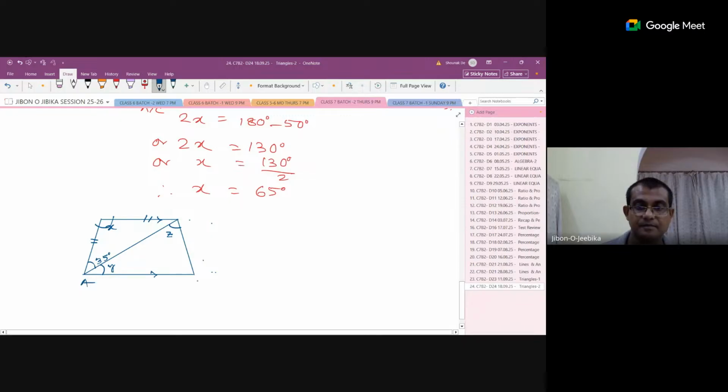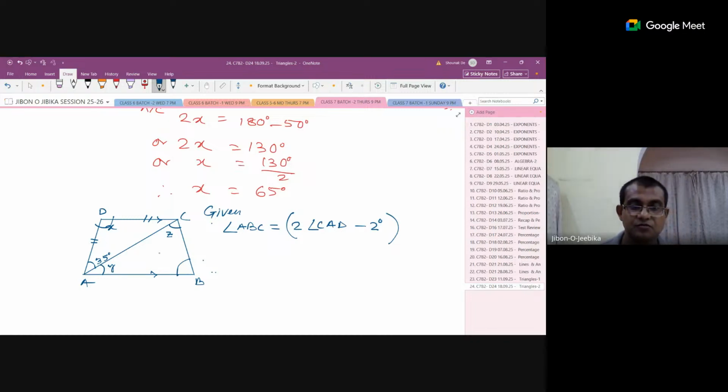It is A, B, C, D. Given. Find X, Y, and Z.